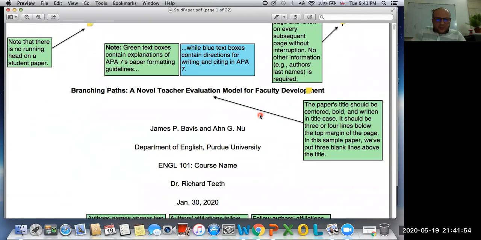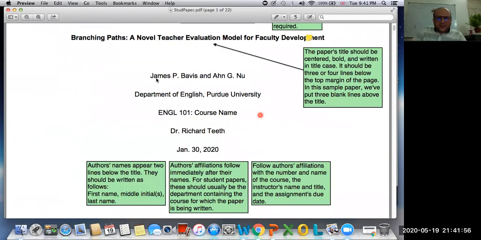So let's move on. As you can see, also, you should write your name here. Let's say James P. Davis and Ann G. Noor. Let's say Muhammad Qasim Zboon, for instance. All right, you should write your name, I mean the author's name, the researcher's name here. And the Department of English, Purdue University.